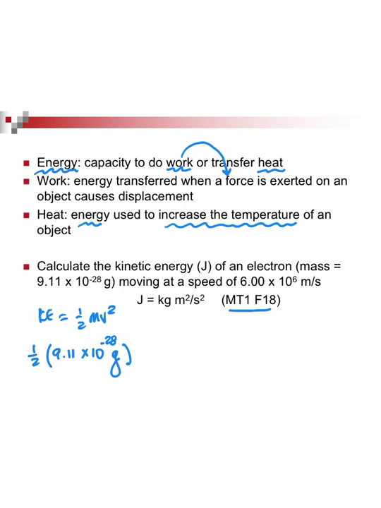So I've put in the mass, 9.11 times 10 to the minus 28 grams. And notice, energy is measured in joules, and joules has the unit of kilograms. So what we need to do is convert our mass in grams to kilograms by using a conversion factor. Then we put in a speed, 6.00 times 10 to the 6th meters per second, and we will square that because it's 1/2 mv squared.